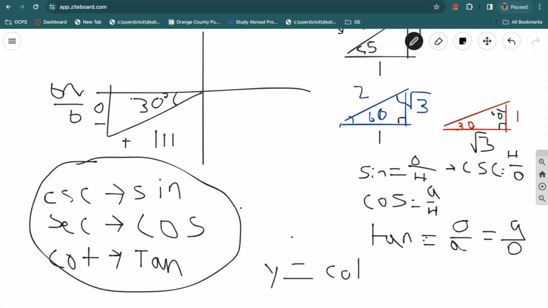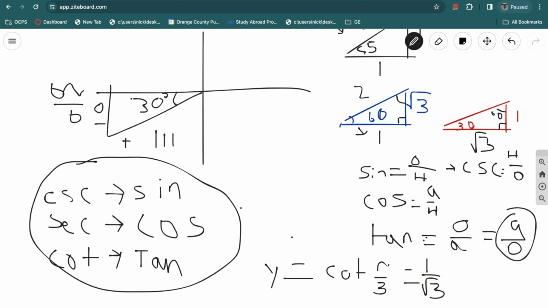I'm going to do two examples with cotangent. Cotangent of pi over 3. So we know pi over 3 is a 60-degree angle. We know cotangent is adjacent over opposite. So for the 60-degree angle, the adjacent is 1, and the opposite is square root of 3.